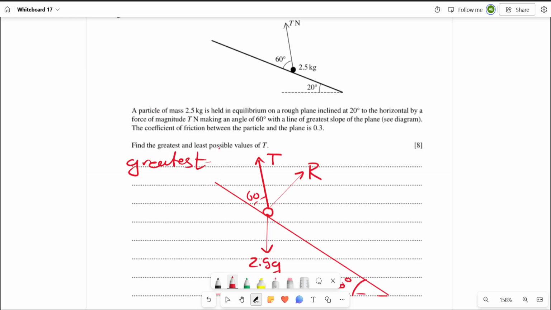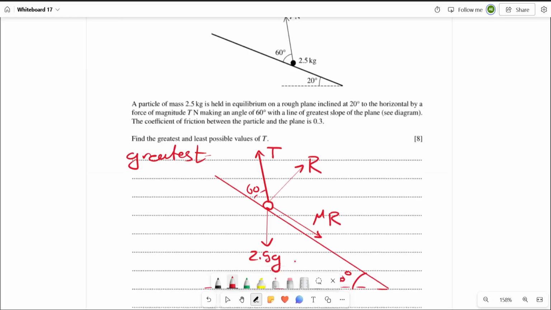So the greatest possible value of T is a value that's going to put my system in limiting equilibrium, where the system is going to tend to travel upwards. If I'm tending to travel upwards or on the point of sliding upwards, my friction is going to be in the opposite direction. So friction here is going to be in this direction and it's going to be maximum. It's going to be mu R, right? Now I drew all the forces.